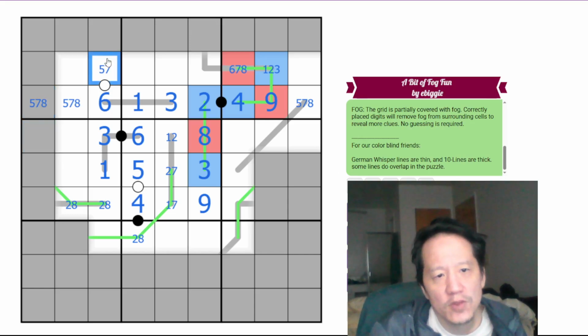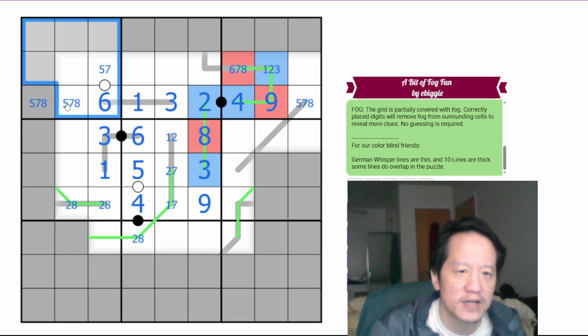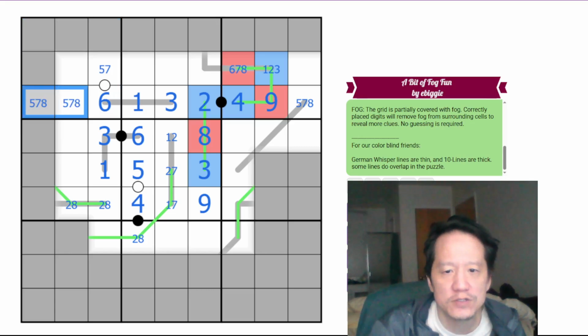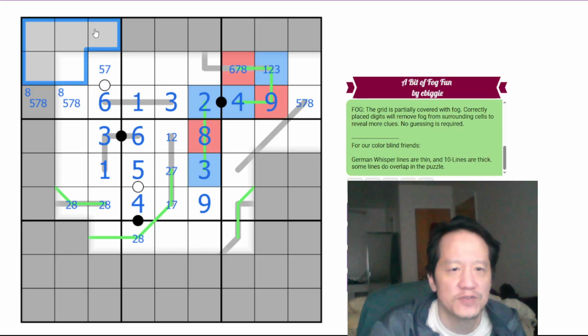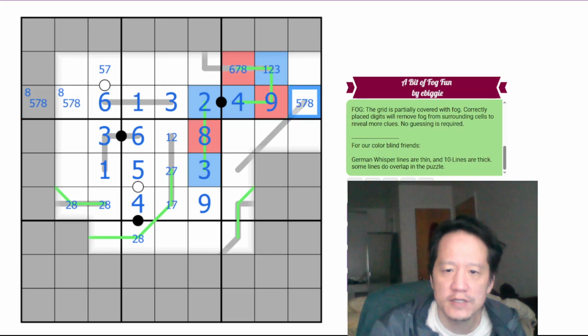But in this box, we have a 5, 7, 8 triplet, which means the rest of the box cannot contain 5, 7, and 8. Where is the 8 going to be in this box? It must be one of these two cells, because it can't be in any of the rest of the cells because of the 5, 7, 8 triplet, and these are the only places where it could be 8. So this can never be 8 here.